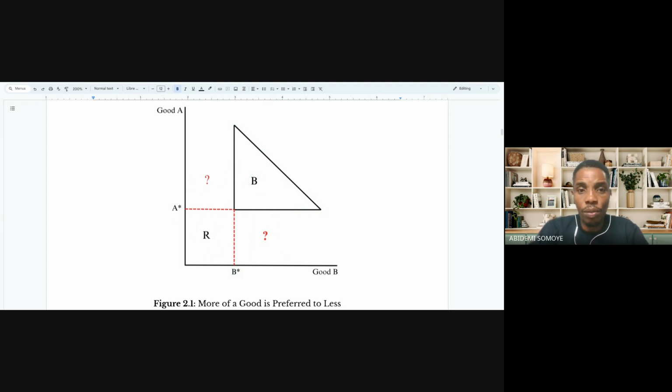You're having a higher level of satisfaction. And R shows that you are consuming less of good A and B, which shows lesser satisfaction. So this point B shows you more is better or satisfies the condition of non-satiation, right?